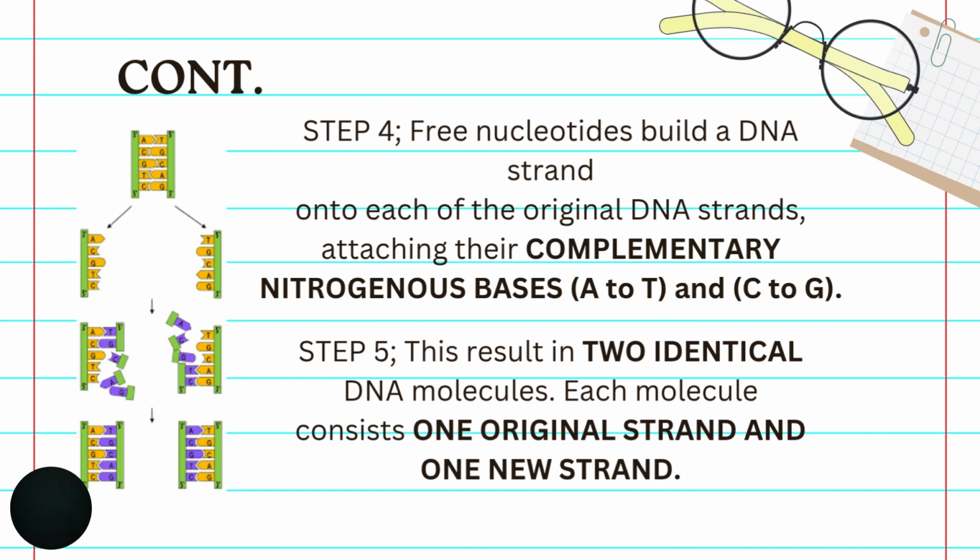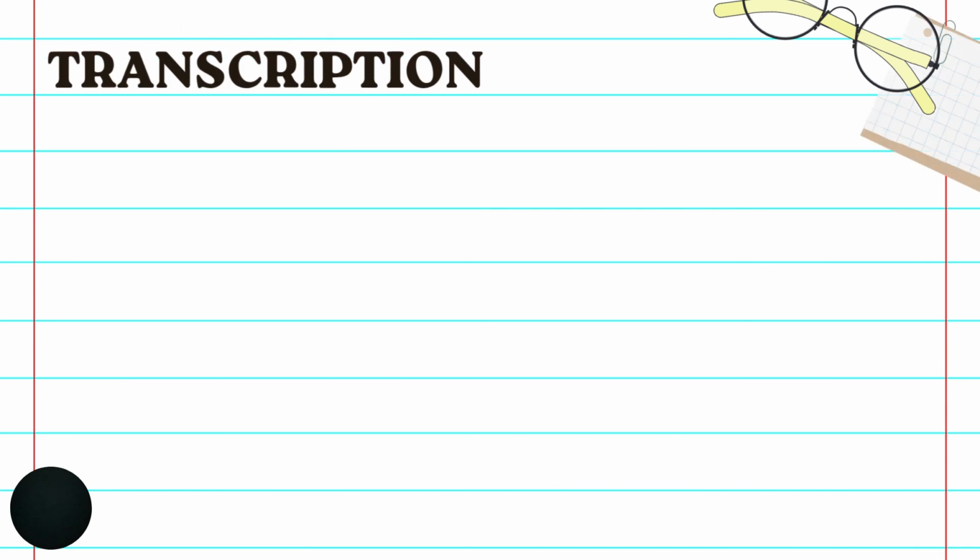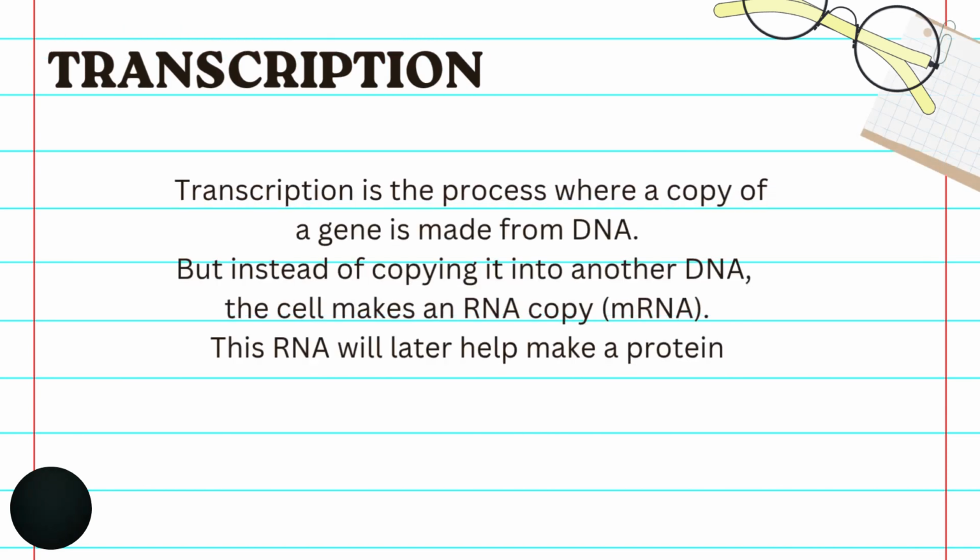Moving on, we are now doing transcription. Transcription is a process where DNA is basically providing information on how to make a protein. It is passing on information on how to make a particular protein.